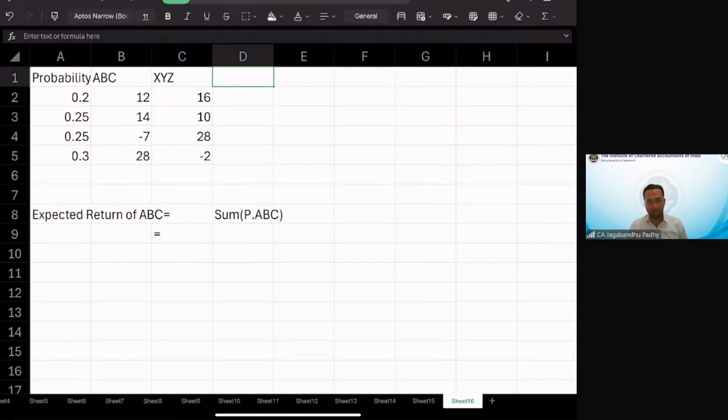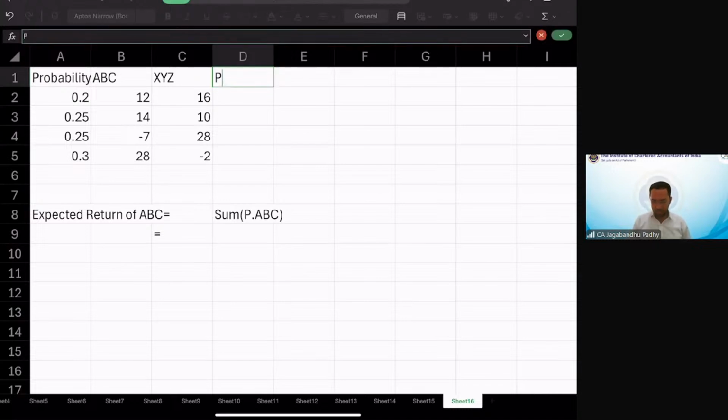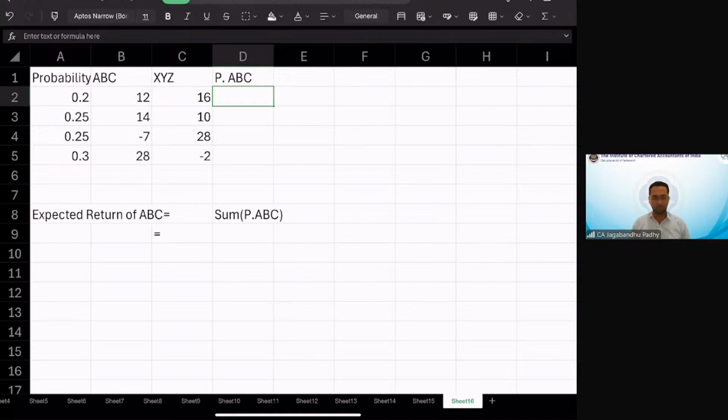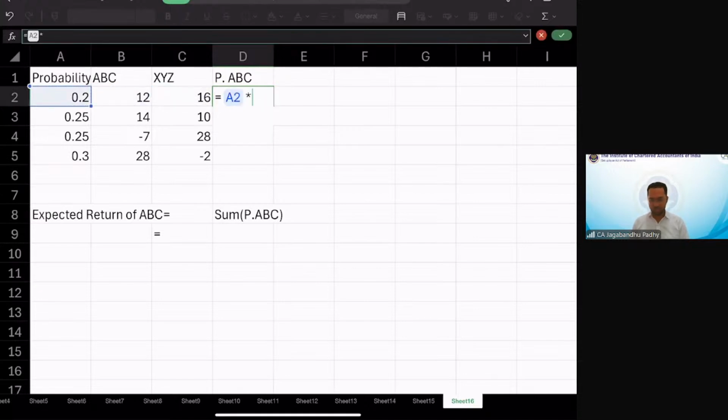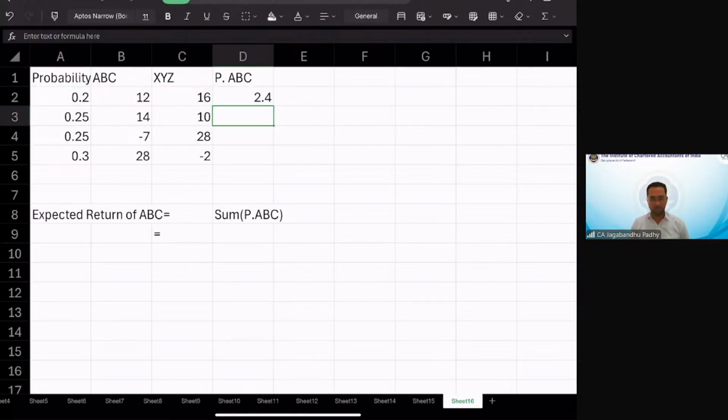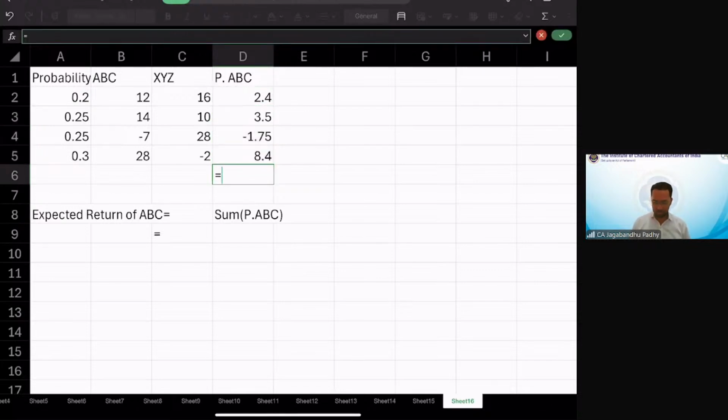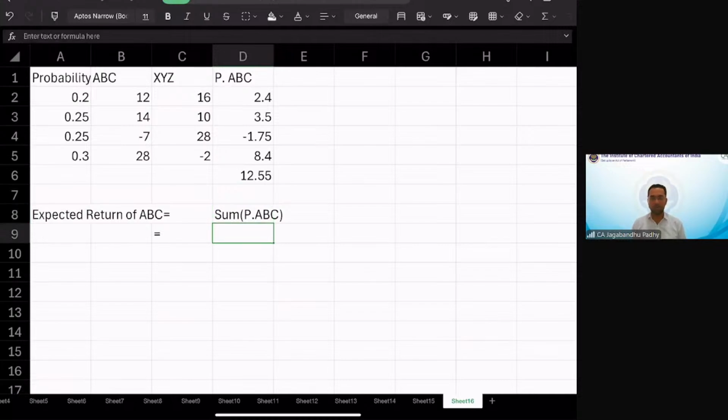So we multiply the probability numbers with ABC, take a total, and that gives us 12.55 as the expected return.